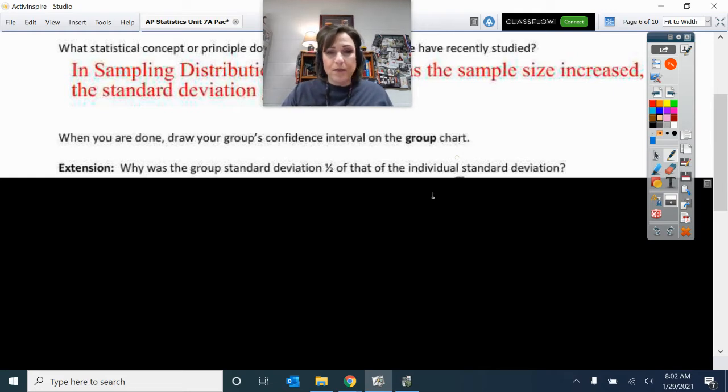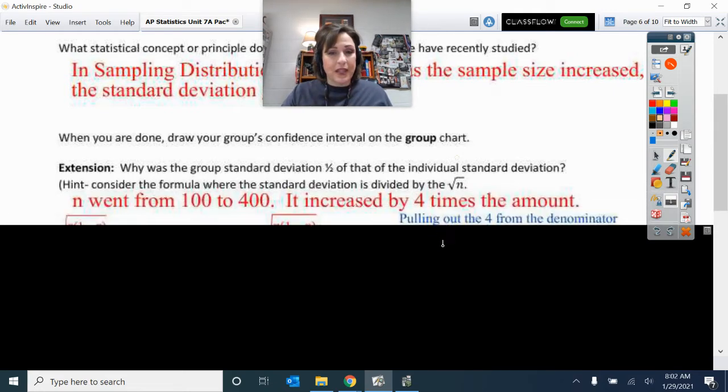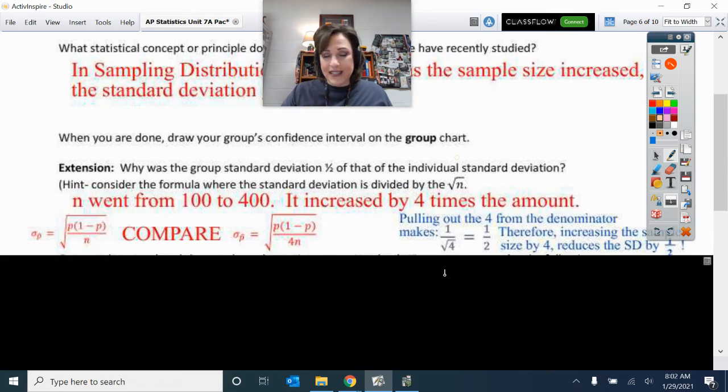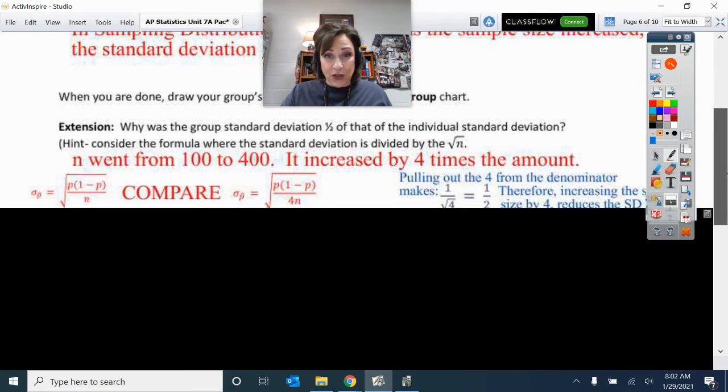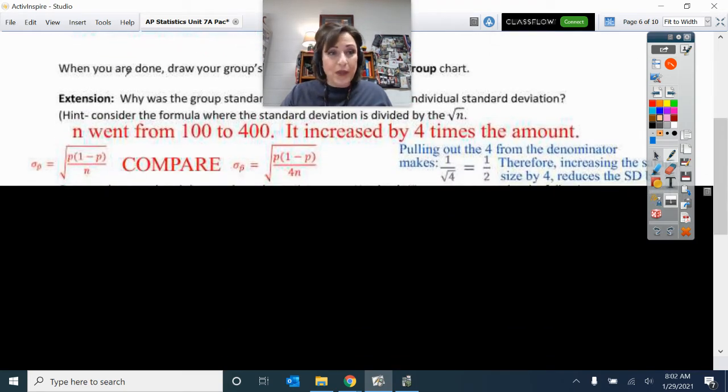Well, let's look at that. Here it is. This is a big deal for you to understand. When the sample size went from 100 to 400, it increased by 4 times the amount. So look here, compare. Here is the formula for standard deviation. Compare it to this formula for standard deviation with 4 times the n.